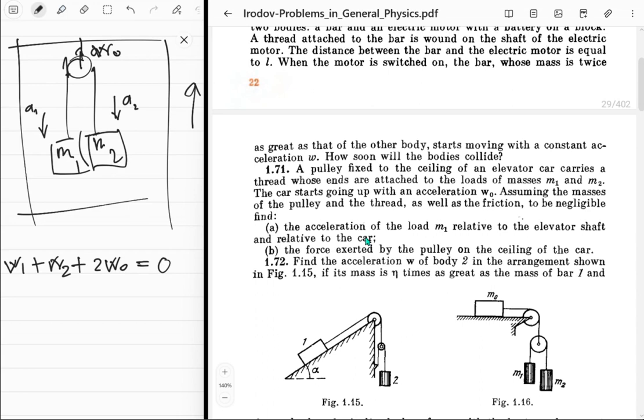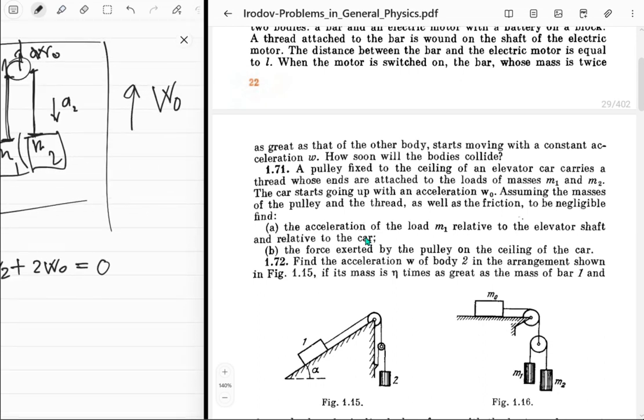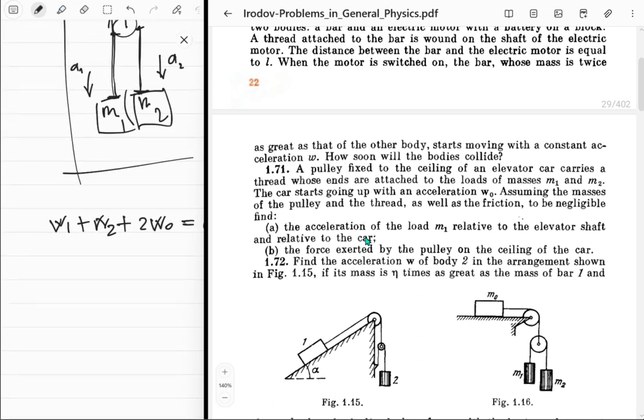So W1 plus W naught will be the second time derivative of the length of this string, and similarly W2 plus W naught for the length of that string. Because the string is inextensible, these added up should be 0. Now just find what W1 and W2 are and we'll be done.